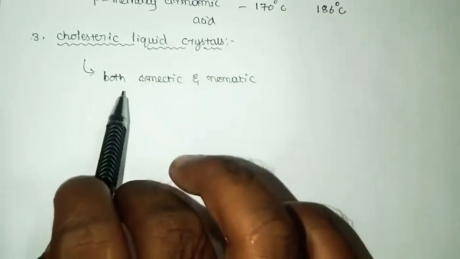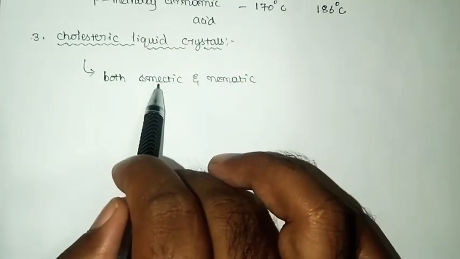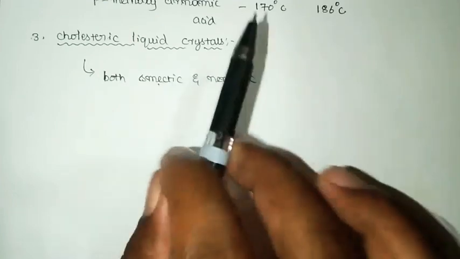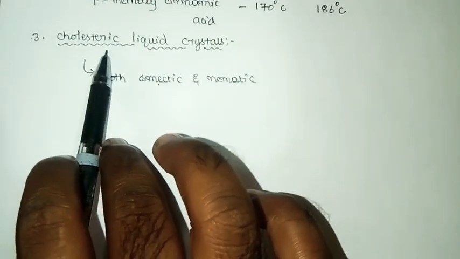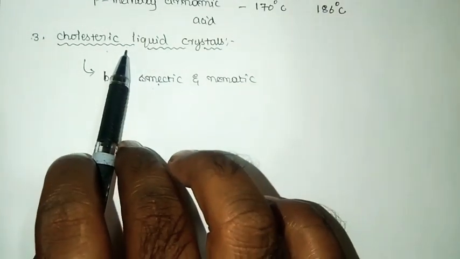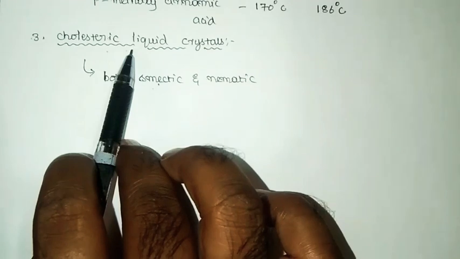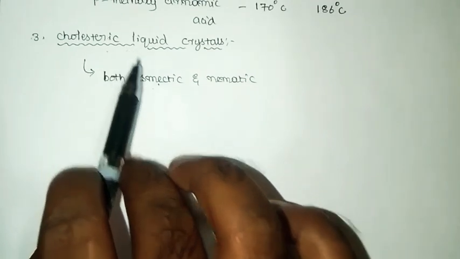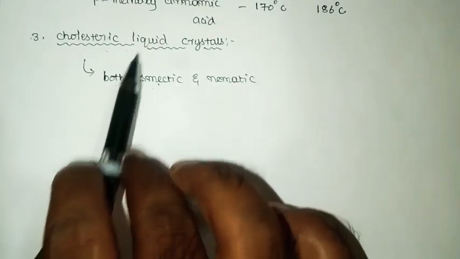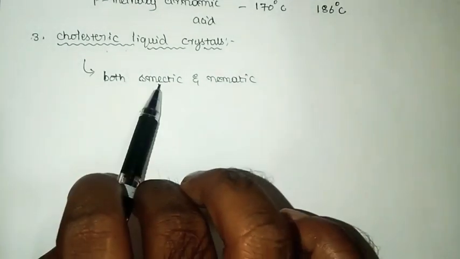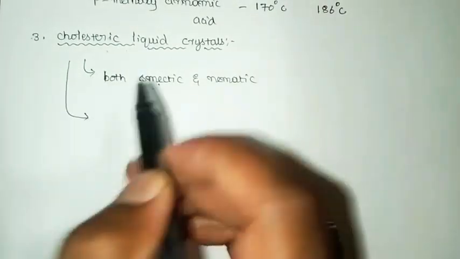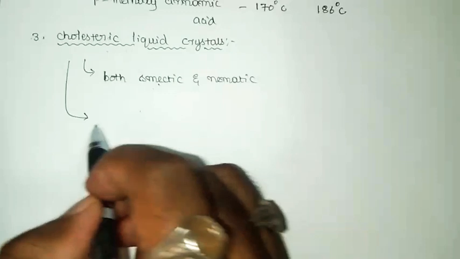We said in case of a smectic liquid crystal, they have a layered structure. In cholesteric liquid crystal, like a smectic liquid crystal, the molecules are arranged in the form of layers only. But in cholesteric liquid crystals, the layers of the molecules are much thicker than in smectic liquid crystals.